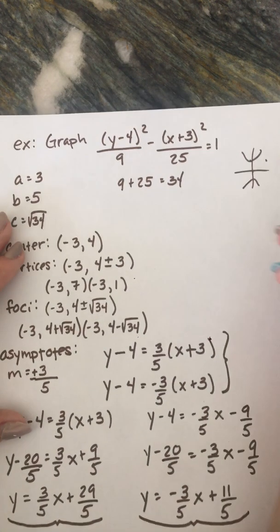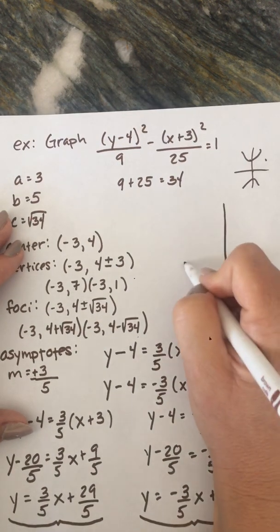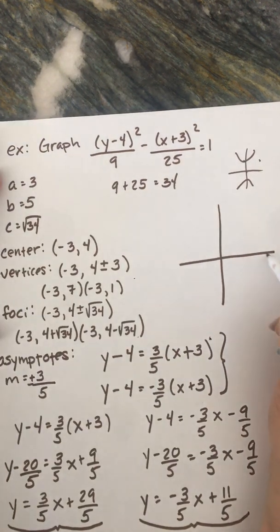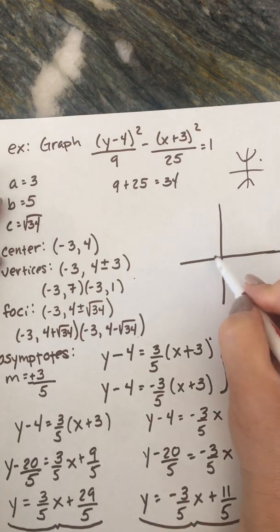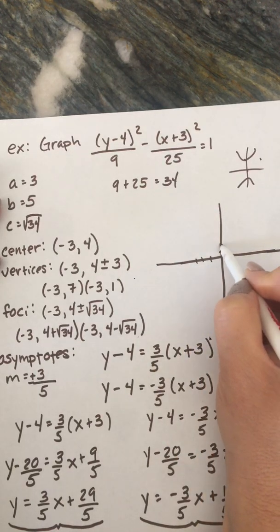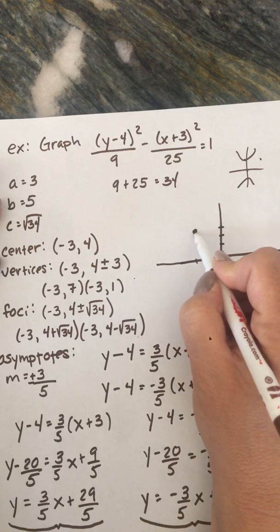Okay, and then let's graph it too. So here's our coordinate plane, and our center is at (-3, 4).